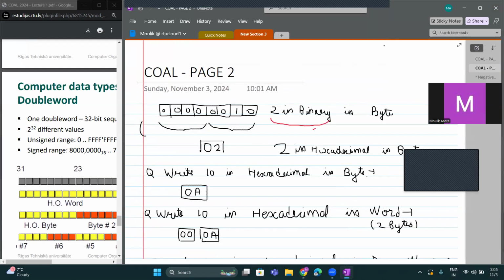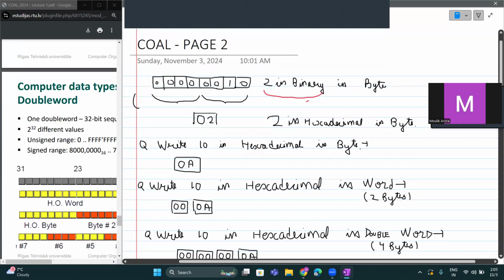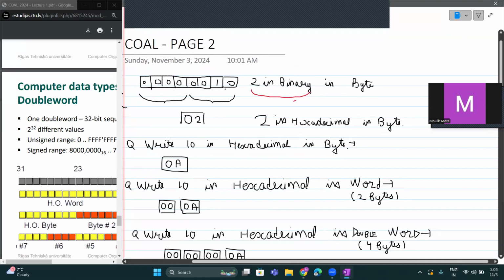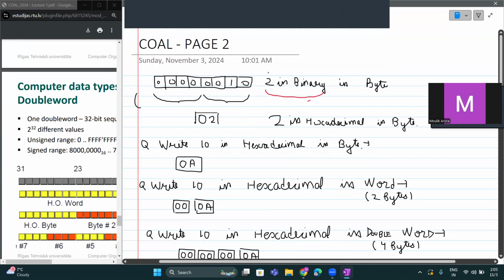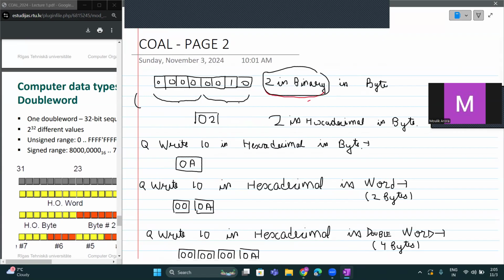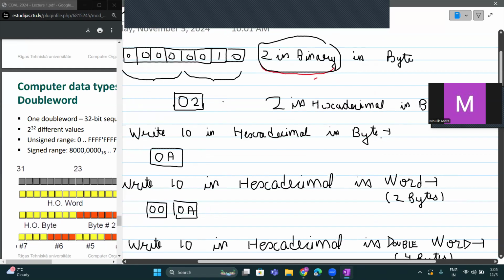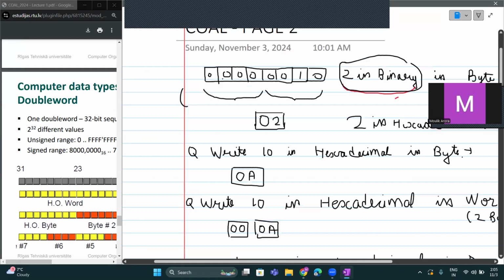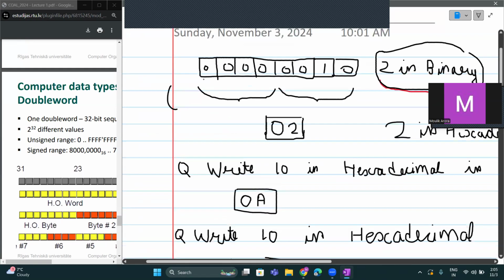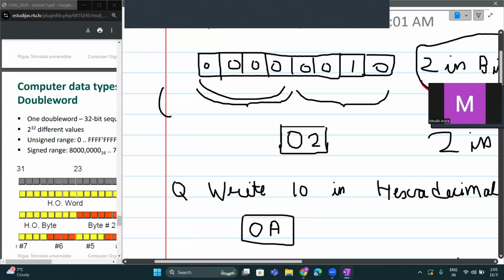We wrote 2 in binary in byte. In hexadecimal, each 4 bits turn into 1.